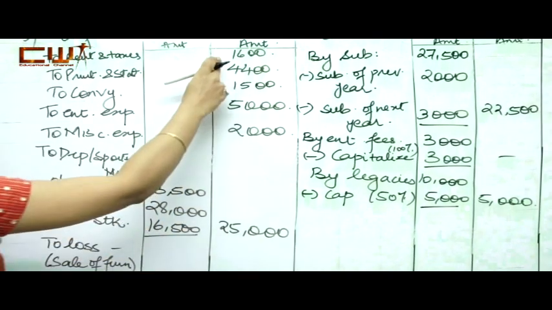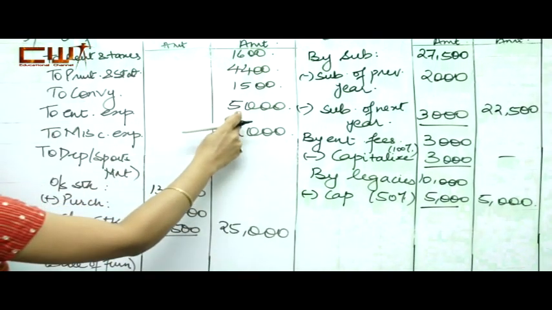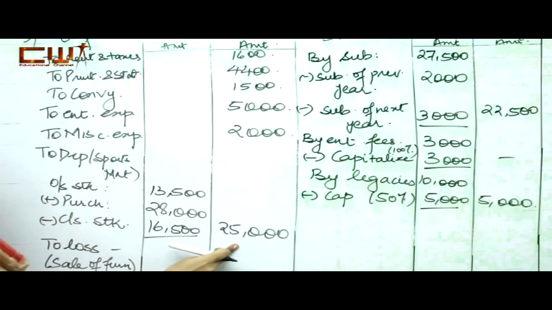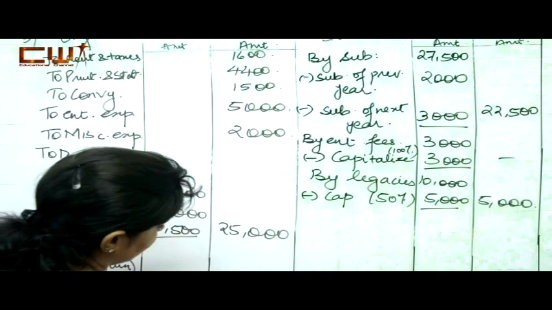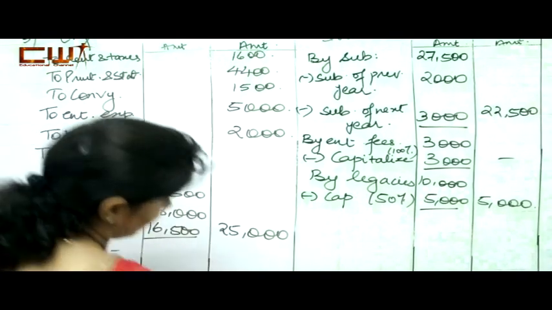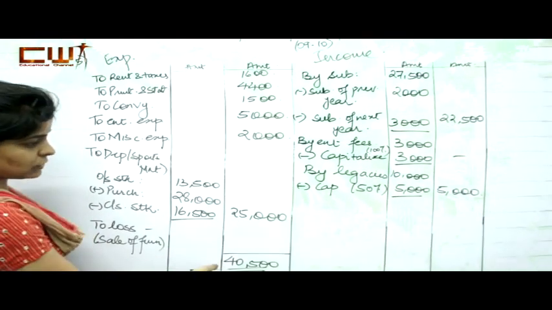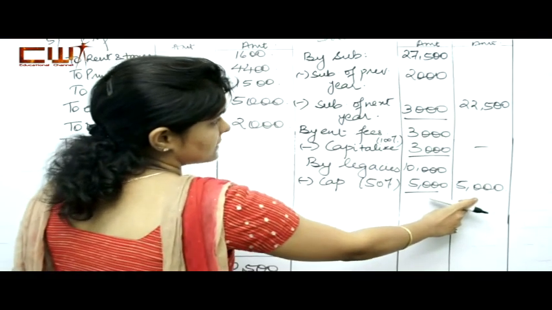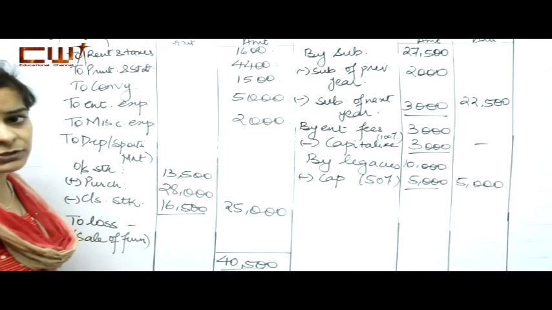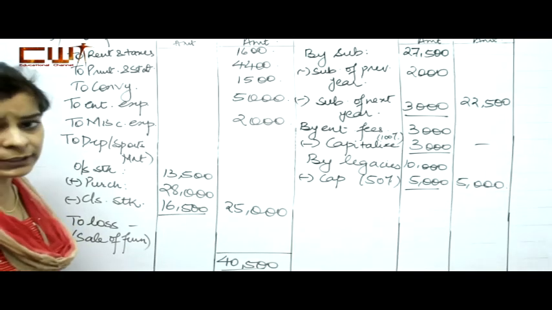So add 1,600, 4,400, 1,500, 5,000, 2,000 and 25,000, right? How much will you get? 40,500. Similarly, income is 22,500 plus 5,000, that is 27,500. How much is the difference you have? You have the difference of 13,000.